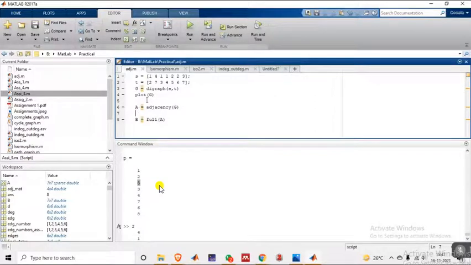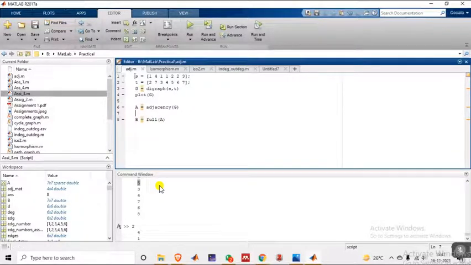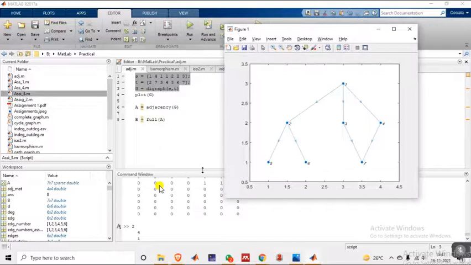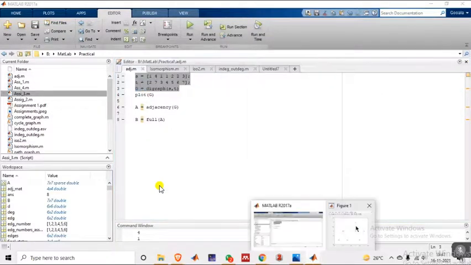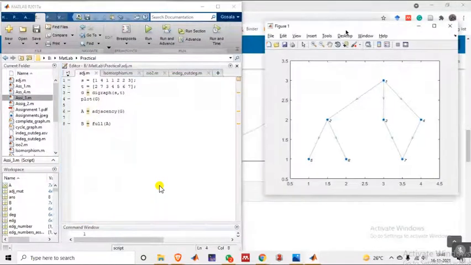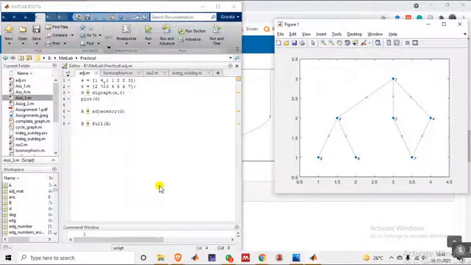Similarly, you have a source which is 1, 4, 1, 1, 2, 2, 3, and a target vertex also, 2, 7, 3, 4, 5, 6, 7. If you create this, you get this graph.